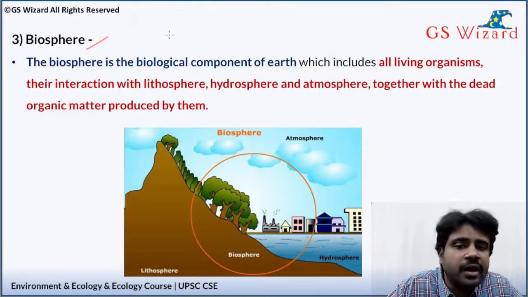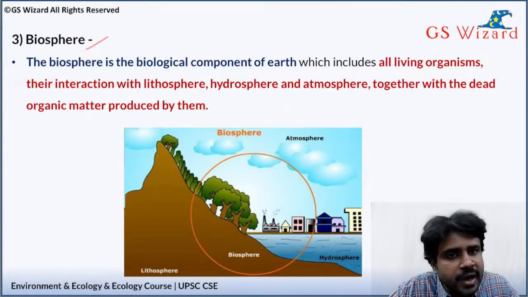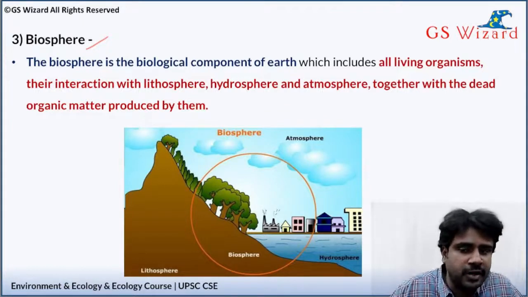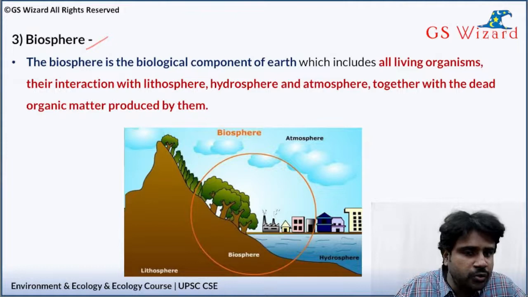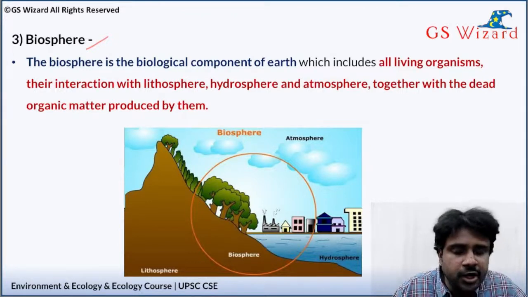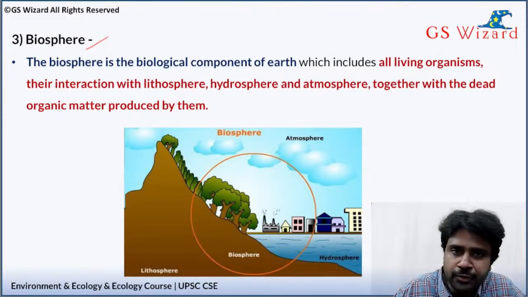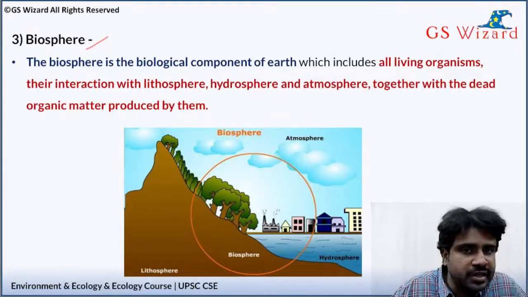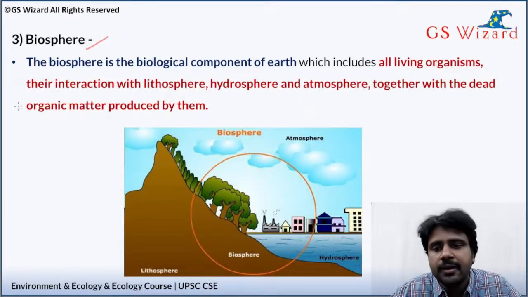Now, the earth can be thought of as a system with many components. Like, for example, just think about a desktop computer. You have many components, right? You have CPU, and then you have monitor, you have keyboard. In the same way, the entire earth can be thought of as a system with many components.